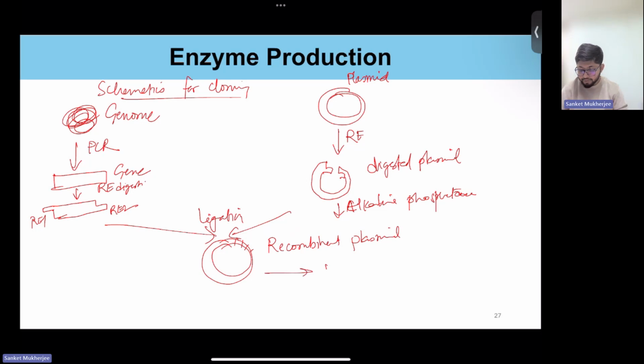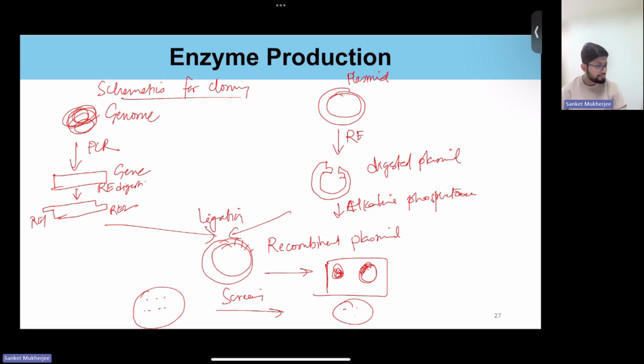Then you will perform something called transformation. So this is the bacterial cell with genomic DNA. It will also have your plasmid of interest. And then you get several colonies. You will perform screening to get your colonies of interest.